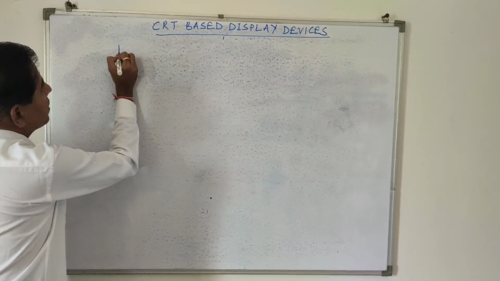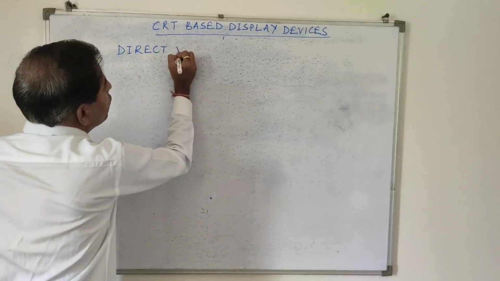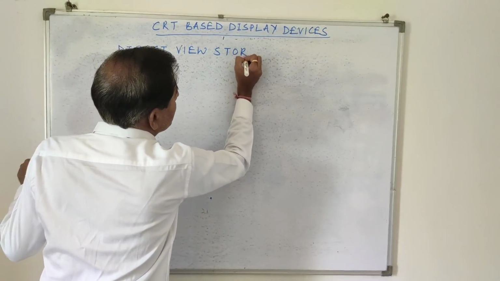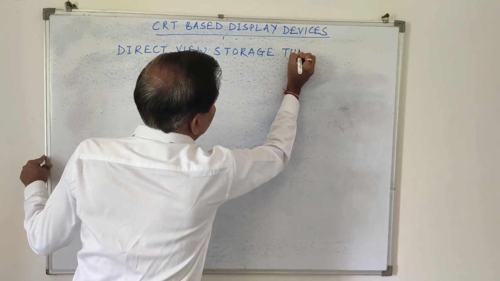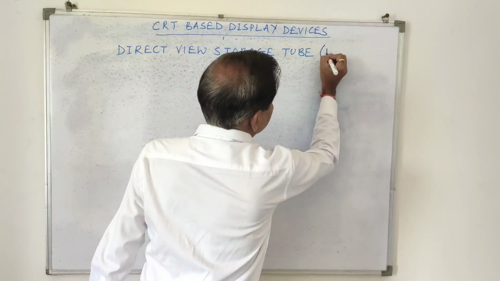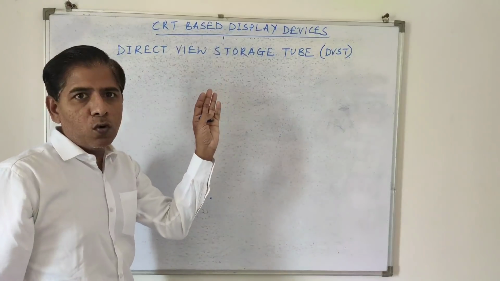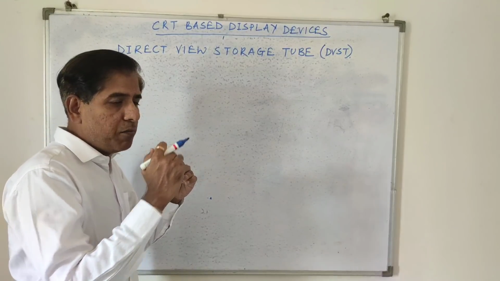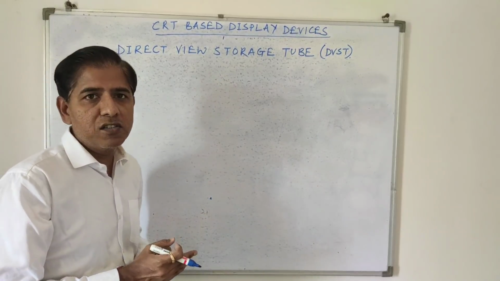DVST, that is direct view storage tube, is also called DVST. There is direct image generation on a screen. There is no buffer or memory in this DVST.